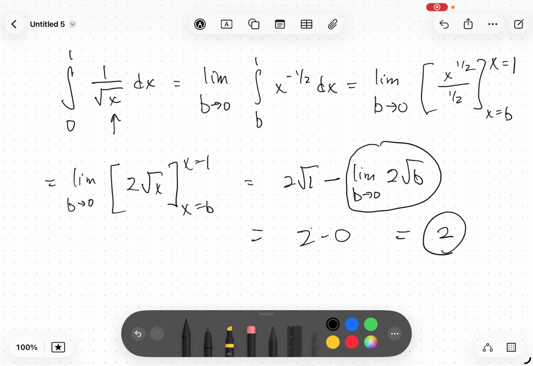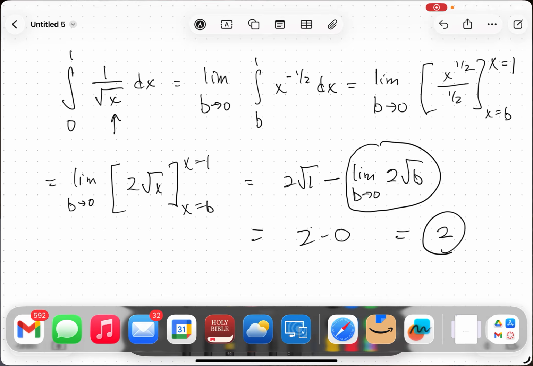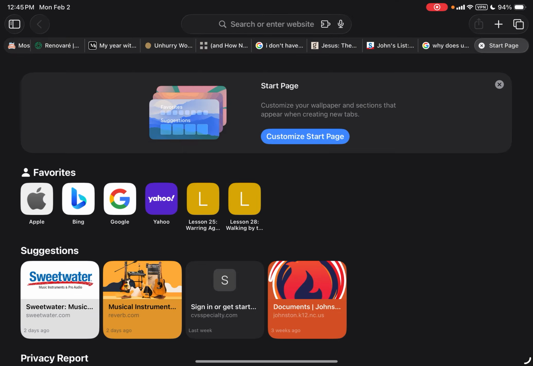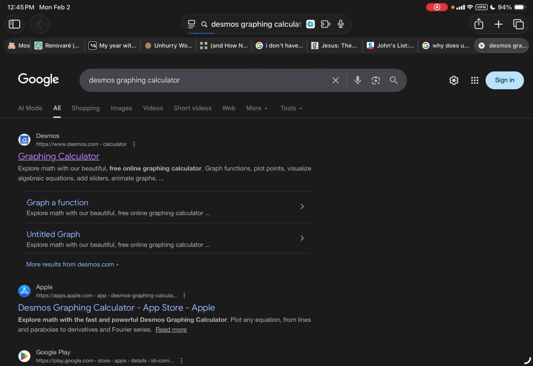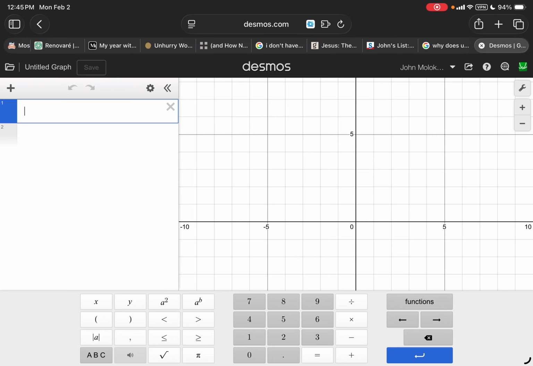If you're interested in wrapping your brain around what's going on with a calculator, I can just use the Desmos calculator a little bit. And I can graph this function, 1 over square root x.